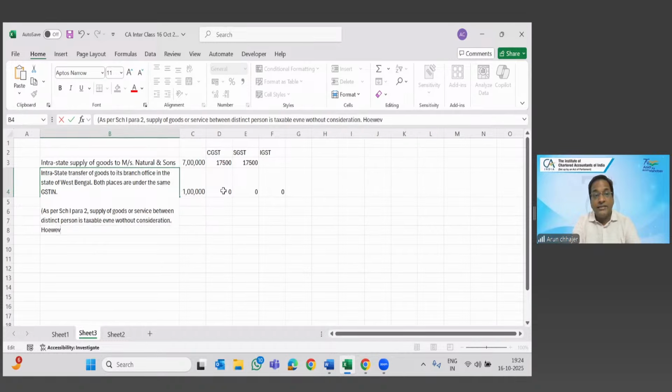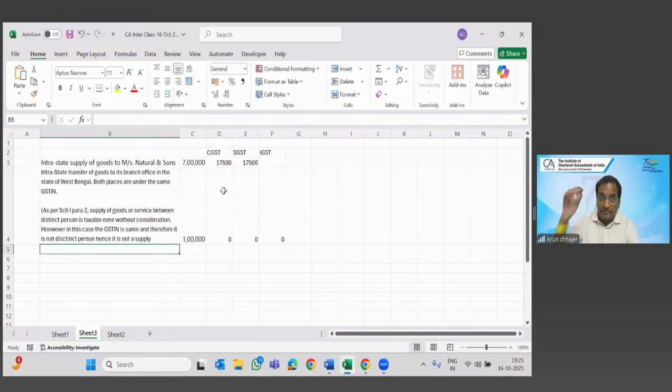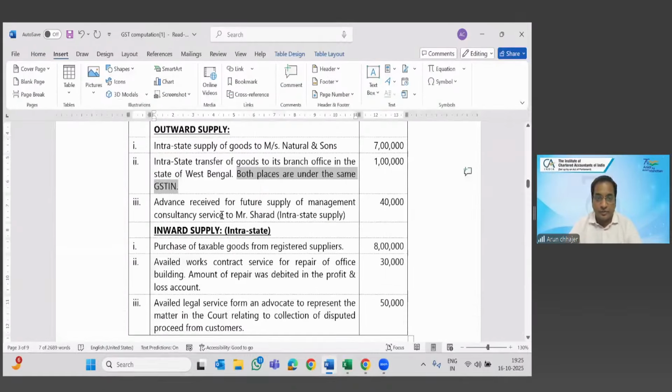However, in this case the GSTIN is the same, and therefore it is not a distinct person, and hence it is not a supply. Clear? I hope everyone is clear. Let me move to the next part.